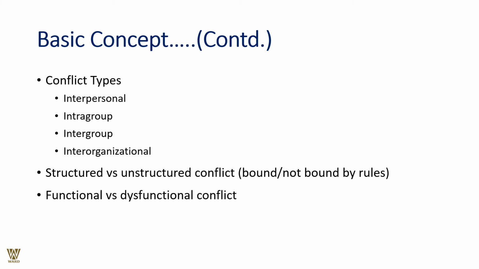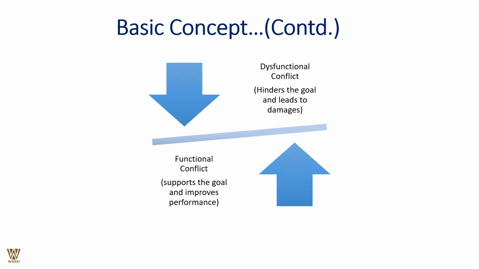So conflicts are both structured and unstructured, which is bound and not bound by rules. At times people play by the rules, but at times people do not. They play dirty, might be. There is something called functional or beneficial conflict, and there is something called dysfunctional or harmful conflict. And this is what we need to understand every now and then. So basic concepts.